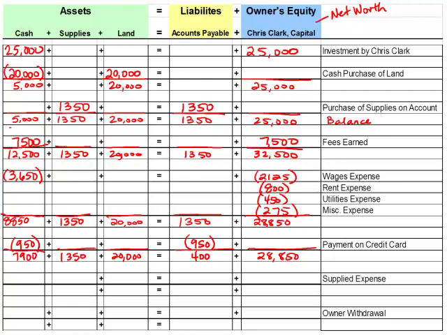The remaining amount would be $28,850. So that's why it's called net worth, because that's the difference between assets and liabilities. So he would take everything he owns, subtract off what he owes them, and he'd walk away with $28,850.